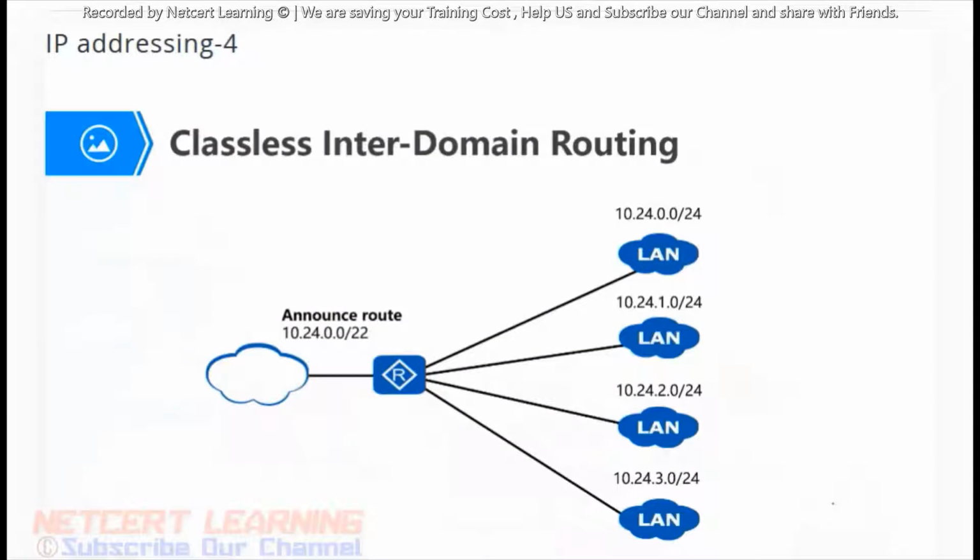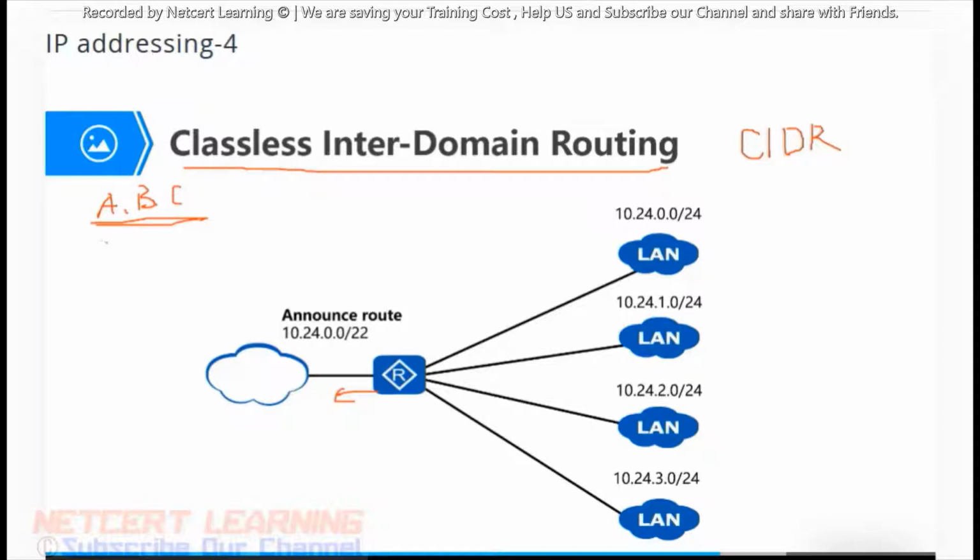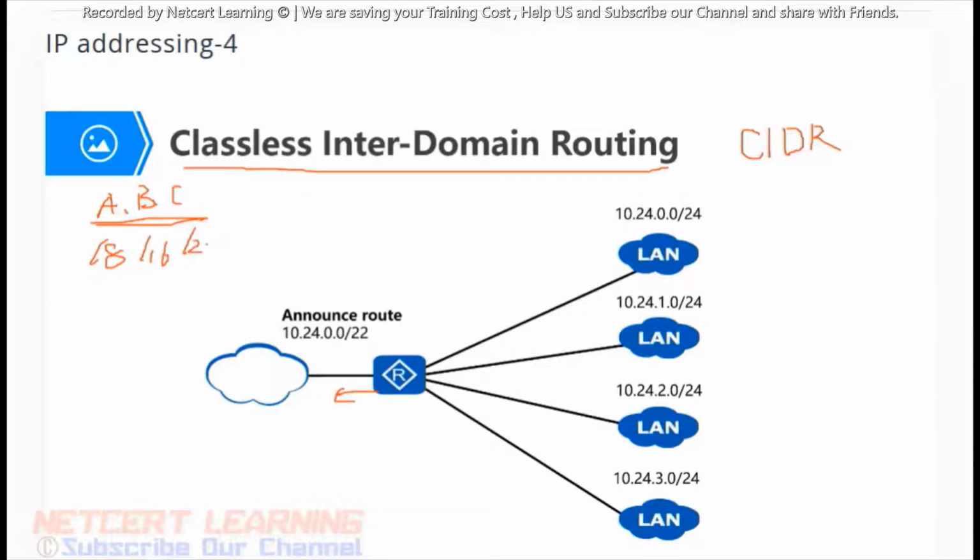And then another concept, classless inter-domain routing, with the abbreviation CIDR. What is CIDR? When we use class A, class B, class C addresses, the routes sent by the router always have a mask length of 8, 16, or 24.